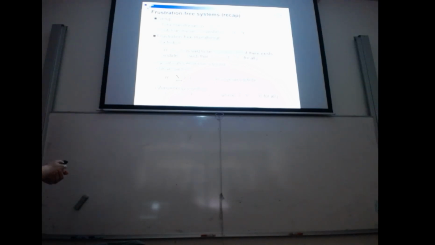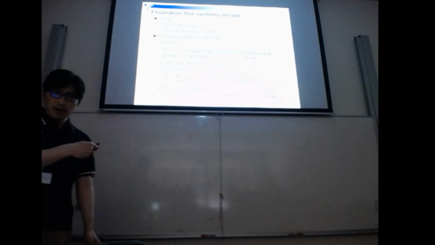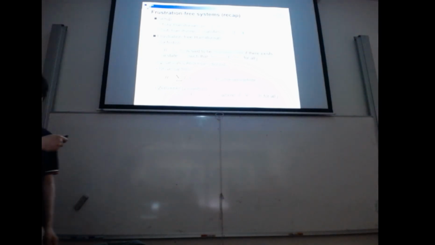And here's a setup so that your total Hamiltonian is made up of these small sub-Hamiltonians, little h_j, and each h_j satisfies this operator inequality. But this inequality just means the ground state energy of this small guy, h_j, is e_j^0, right? And then here's the definition of frustration-free system.